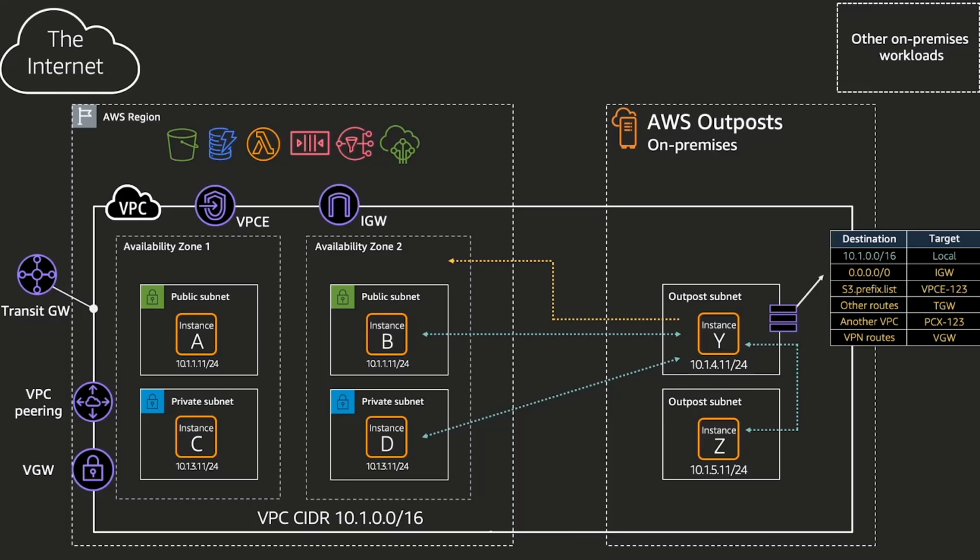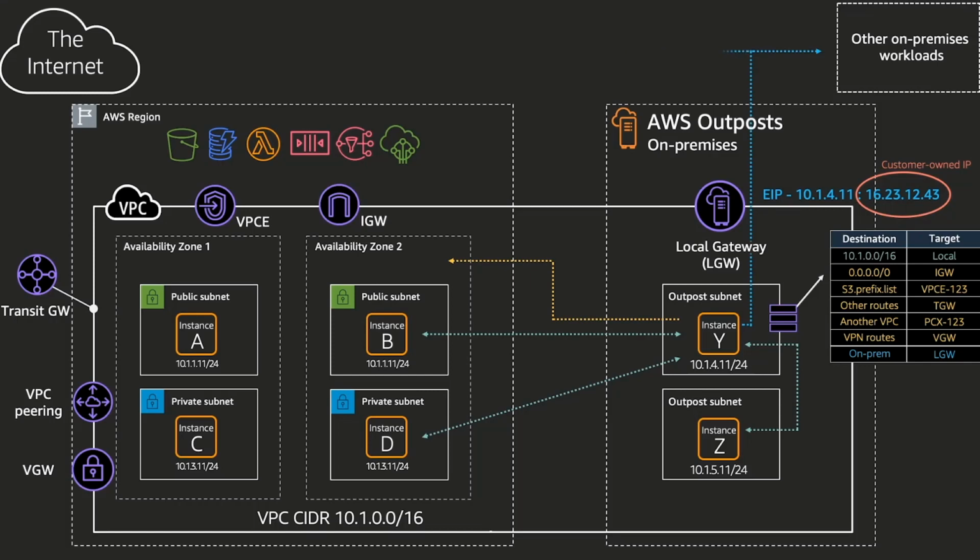Now, one of the main purposes of having an Outpost is to connect through to your on-premises workloads. We've now developed this new gateway called a local gateway or an LGW, and that's going to allow us to have a route to the LGW and then communicate to on-premises workloads or anywhere else.